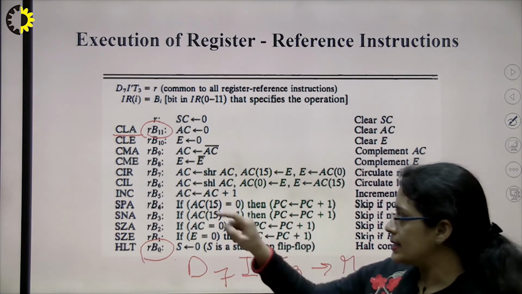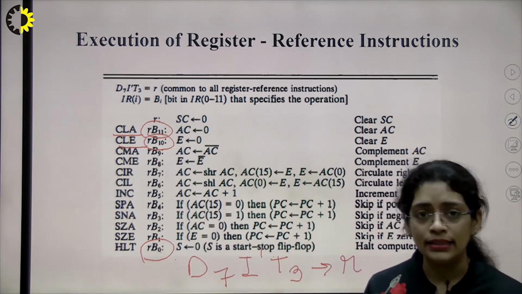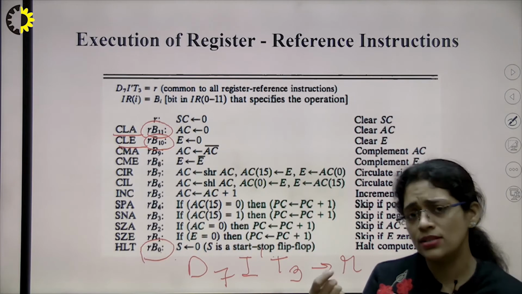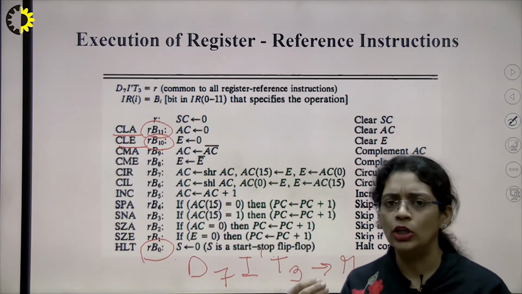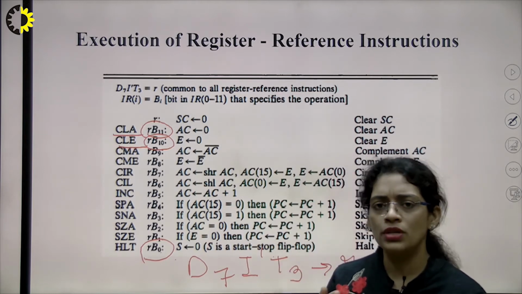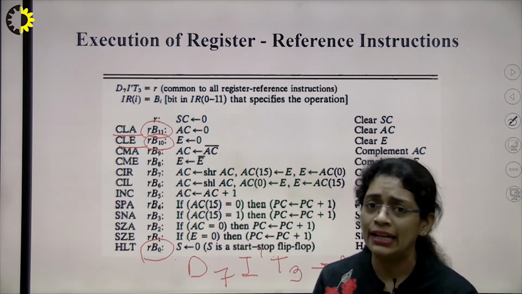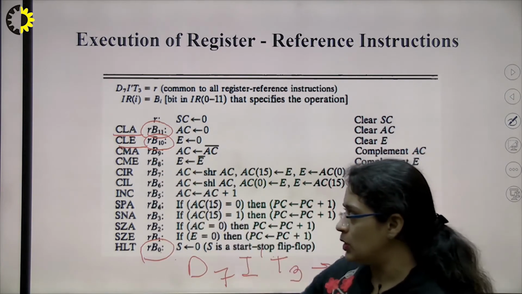Then rB10 is for clearing E. E is just a register that could be storing the carry out whenever we are doing the addition of two numbers. So we store it here in E, and to clear that we will be using this.